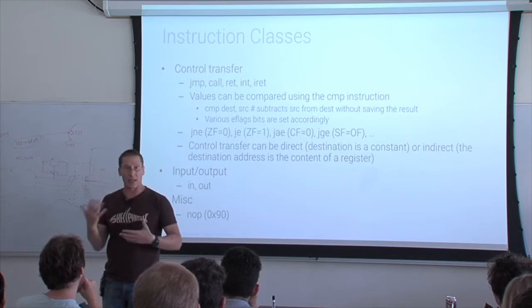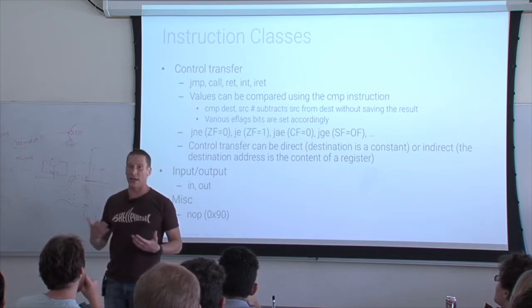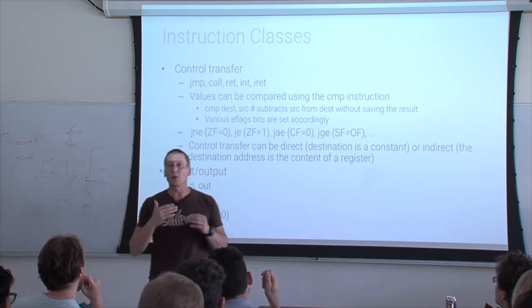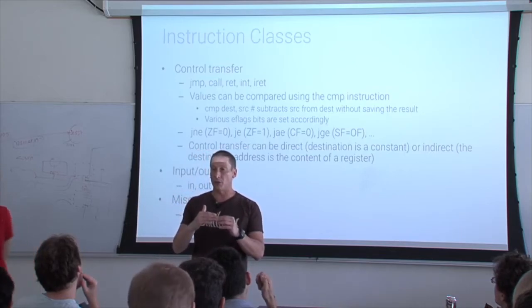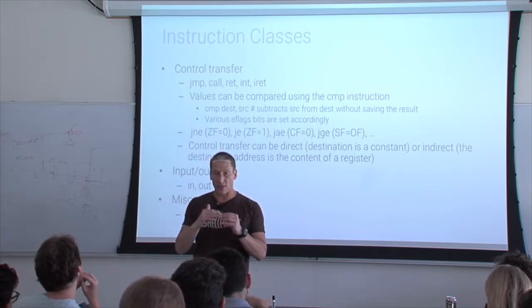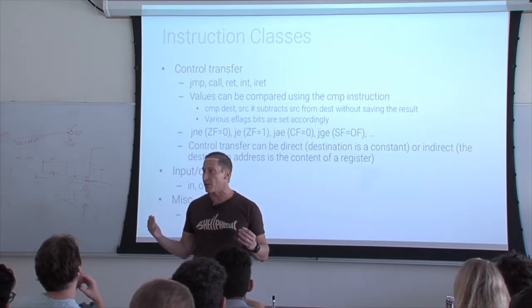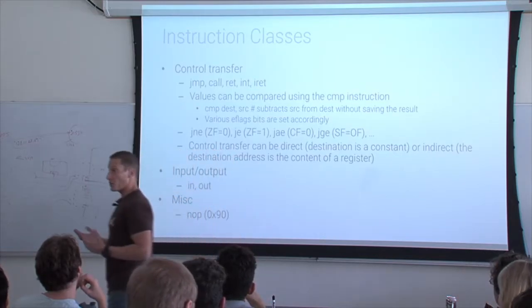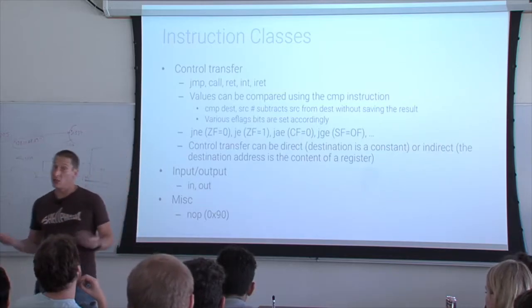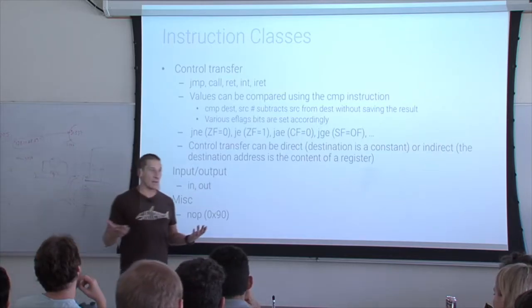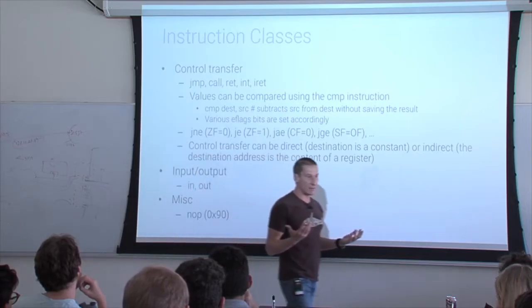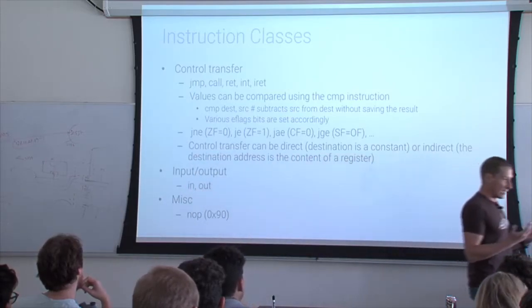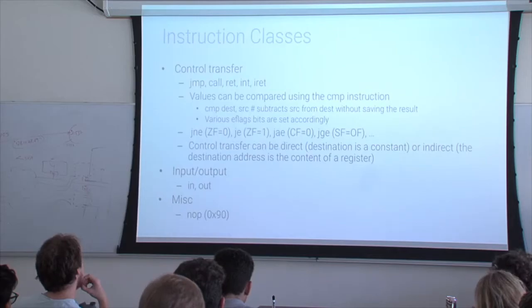When you execute the analysis on the code and you say, okay, I want to understand what are all the places that I can jump to starting from this address, if you have jump EAX, you're like, what are the possible values that EAX can take? In certain cases, you can determine that. In certain cases, you can't. And so fundamentally, you have to assume that you can jump anywhere. And this makes analysis, of course, not very effective.